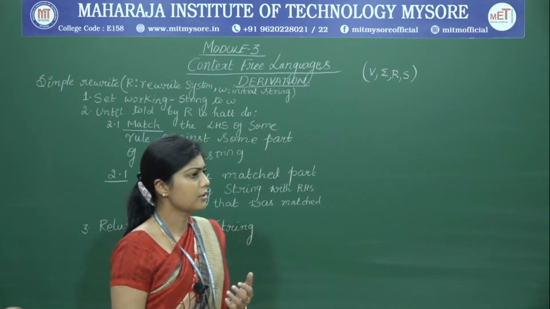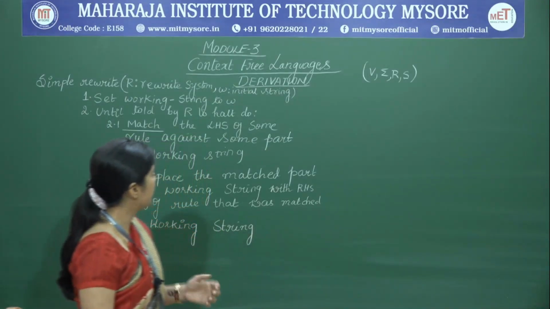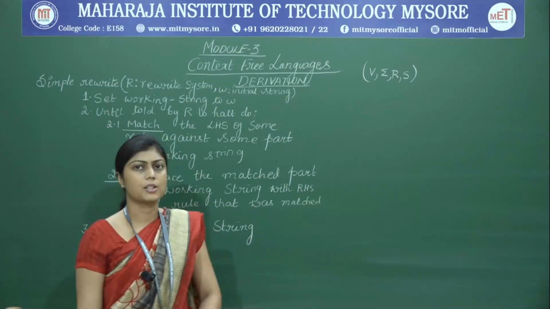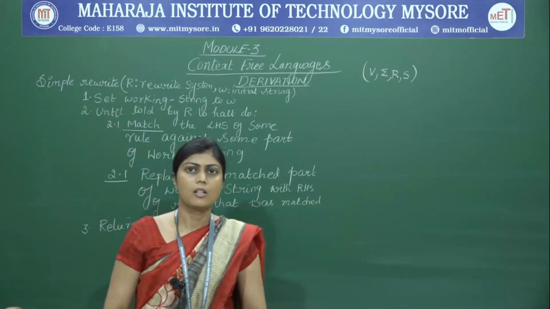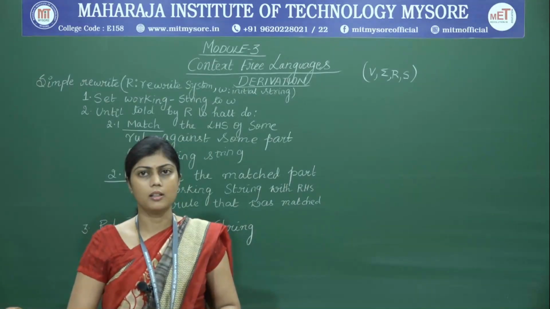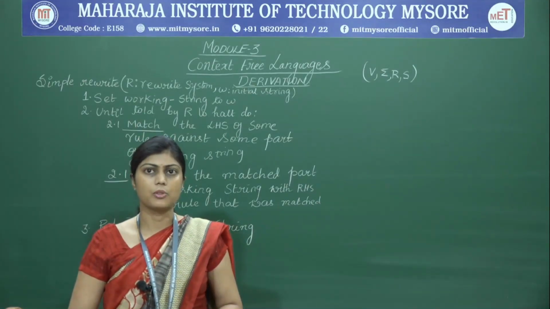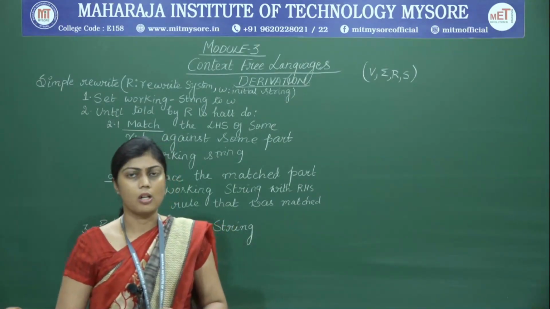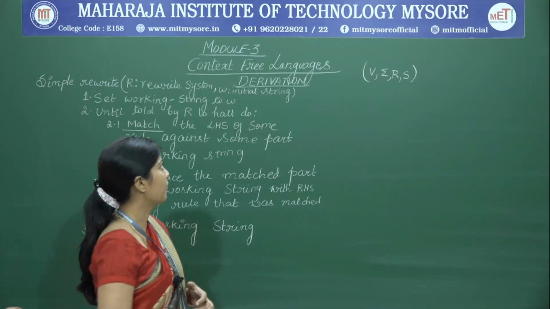In this class we are going to deal with the context-free languages. Grammars will always lead into strings that belong to a language, and the language generated by the context-free grammar is called the context-free language.